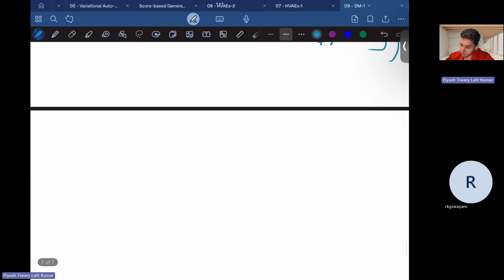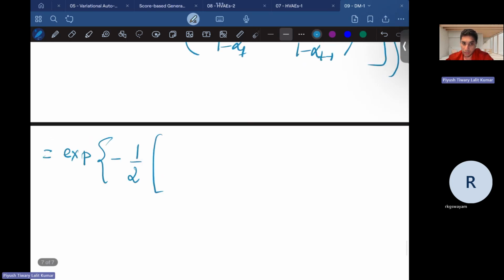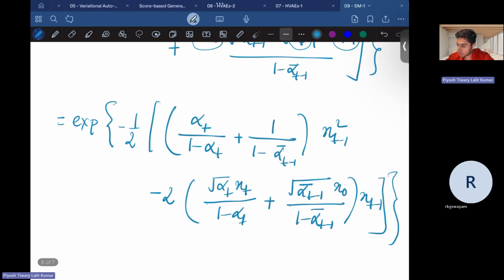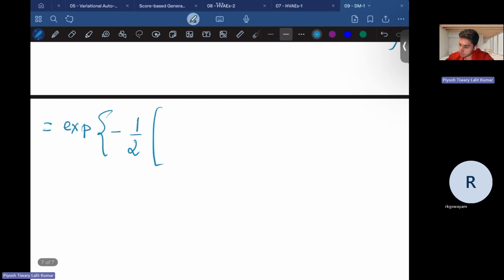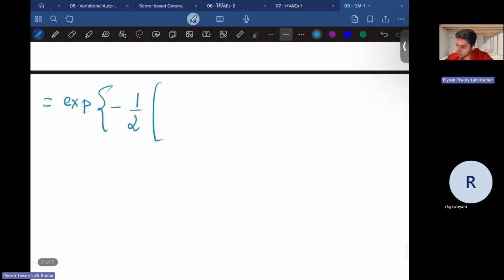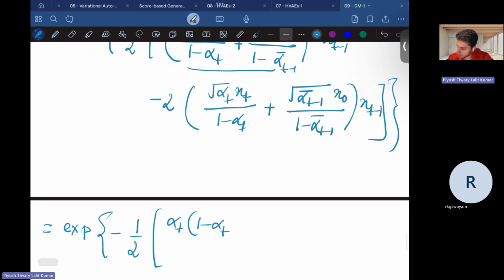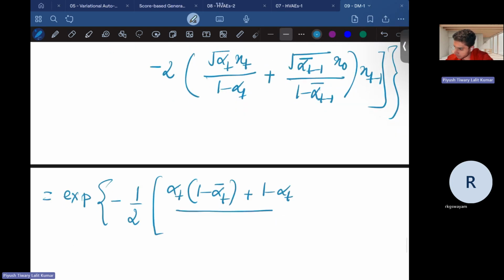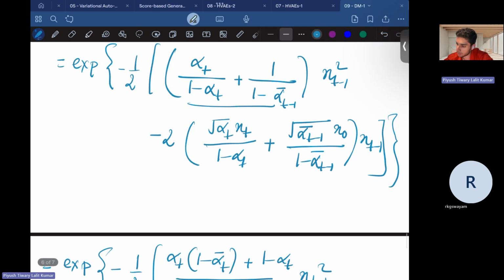Now a little bit of calculation is involved. I am going to do it nonetheless. That is exponential minus 1 by 2. If you sum these two, what will it become? This is alpha_t times 1 minus alpha_{t-1} bar, plus 1 minus alpha_t, all divided by 1 minus alpha_t times 1 minus alpha_{t-1} bar, into x_{t-1} squared. I have just added these two fractions.